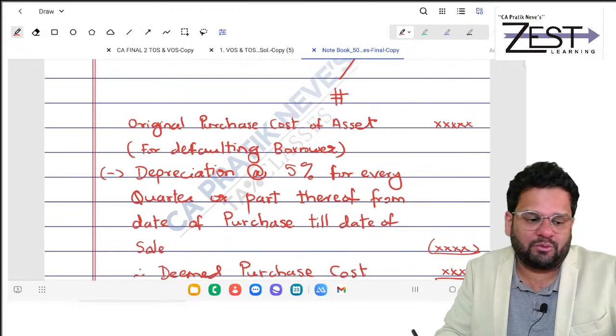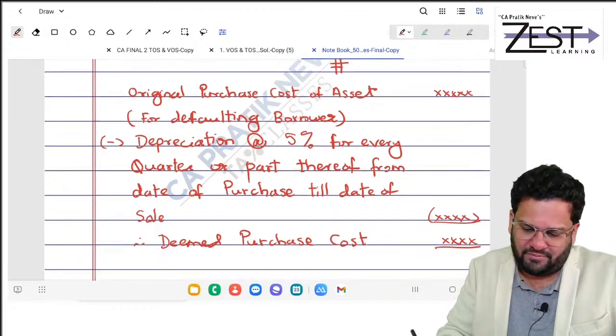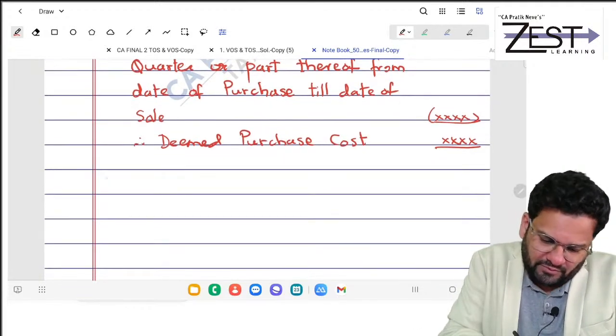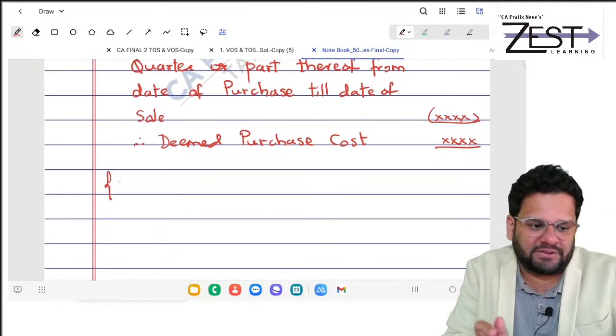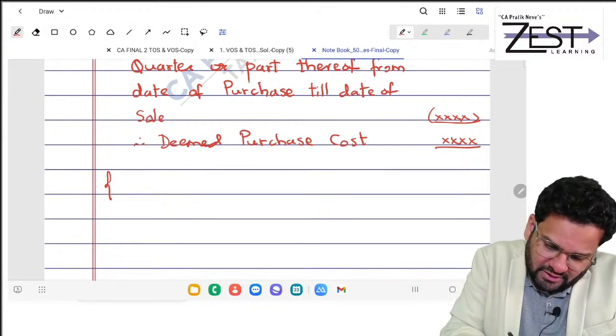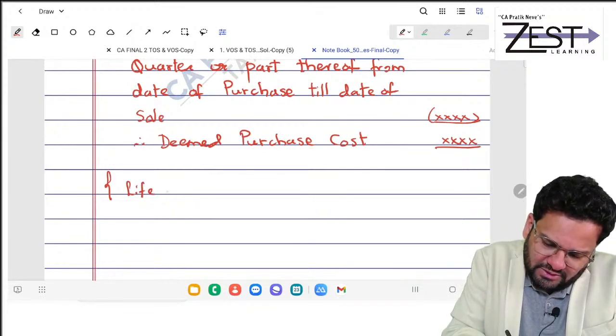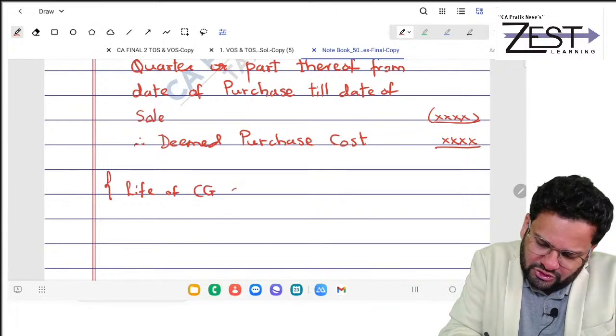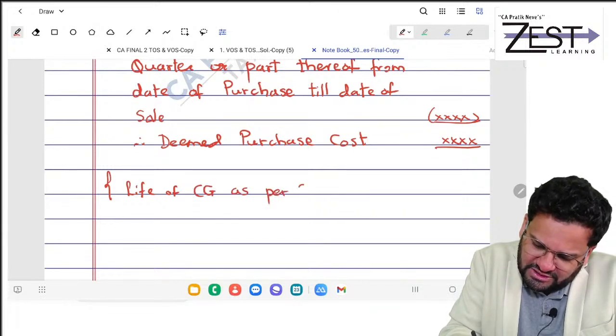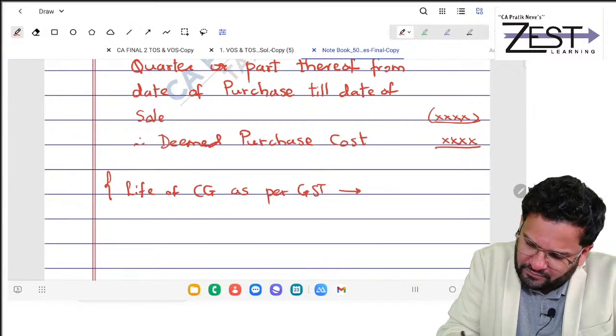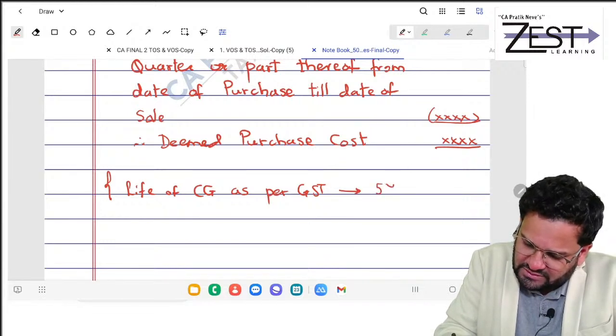Say C in the chat window as you complete this. Why, how did you get 5%? See, the life of capital goods as per GST is 5 years.